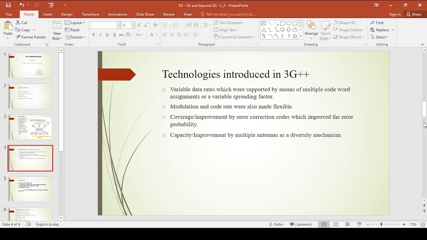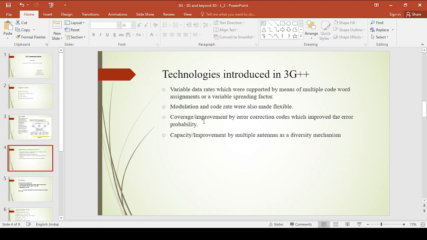In 3G++, BPSK, binary phase shift keying, QPSK, quadrature phase shift keying, and 16 QAM, quadrature amplitude modulation, were also brought into the picture. Like this we can use different modulation techniques by providing multiple options. This was another technology introduced in 3.5G and 3.9G.